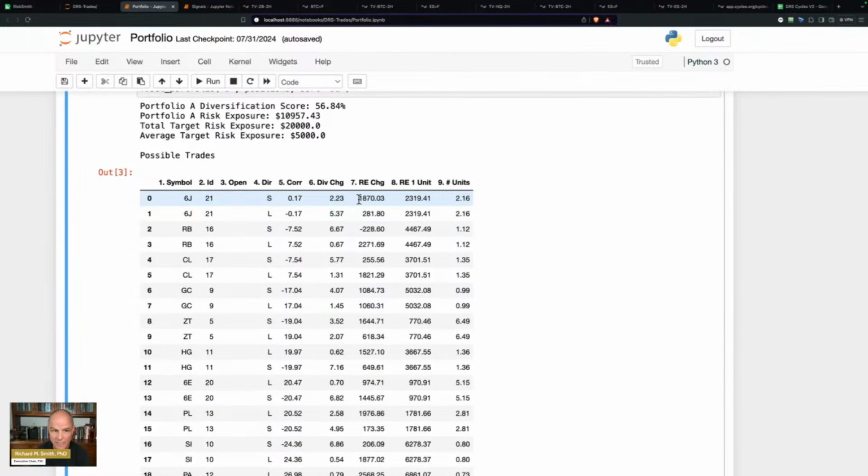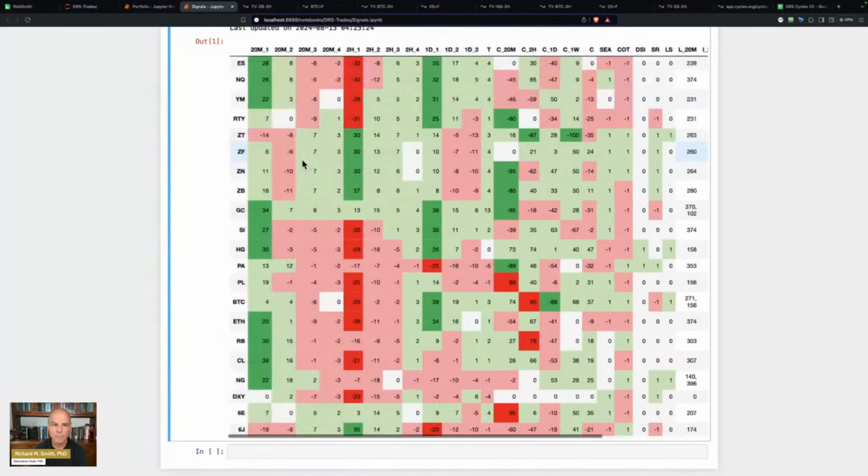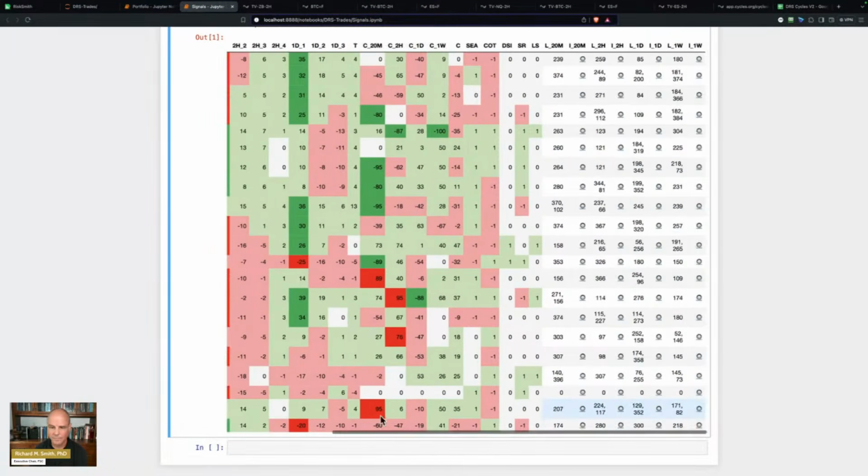If we went short the yen, again, we can get $5,000 of exposure for just $1,870 of exposure. But we'd get less diversification benefit. So let's go have a look at the yen and see what is happening with the yen. This one, I think we just got to go look at the charts.